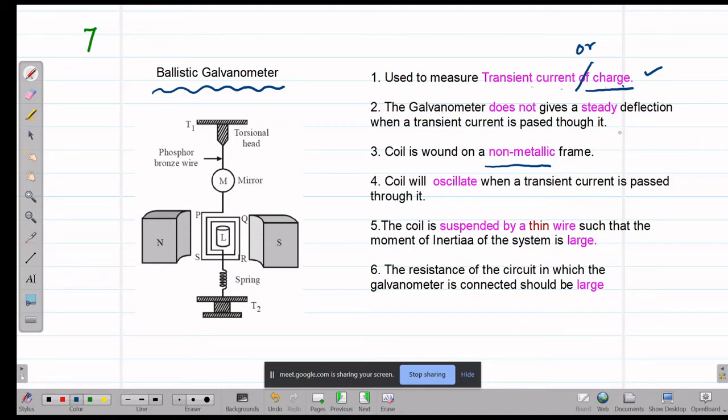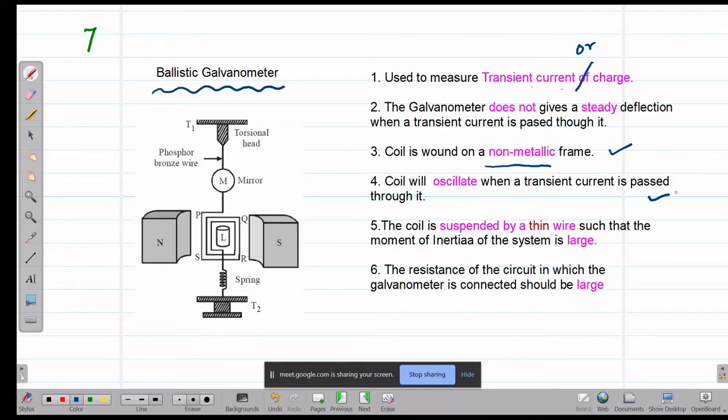So to reiterate once more, a ballistic galvanometer is used to measure the charge that passes through the galvanometer in a short interval of time. The ballistic galvanometer does not give a steady deflection. On the other hand, it gives you an oscillatory motion. The ballistic galvanometer is wound on a non-metallic frame.